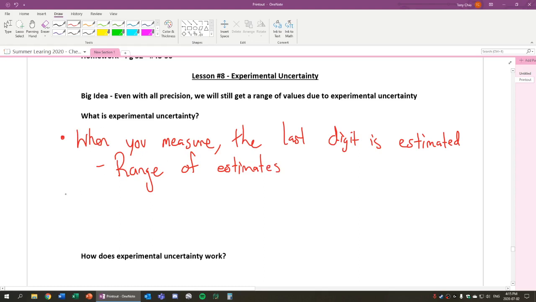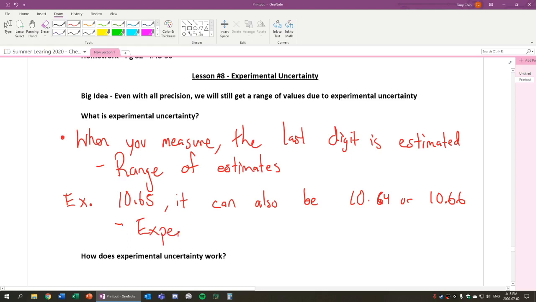So for example, if you say something is 10.65, it can also be 10.64 or 10.66. So because of that, we have what we call experimental uncertainty. There's some uncertainty here.